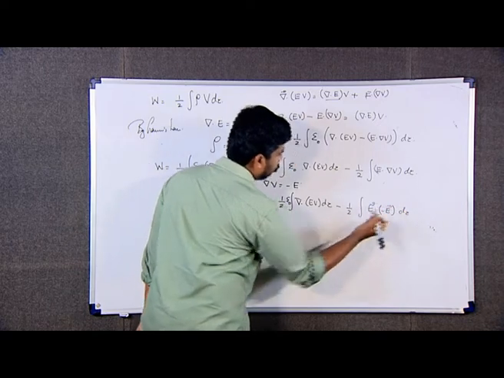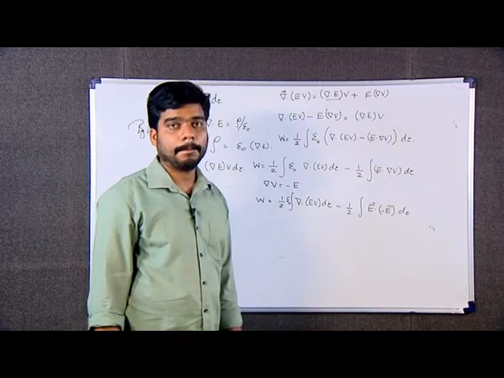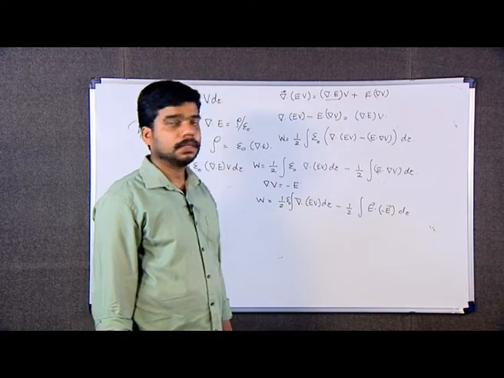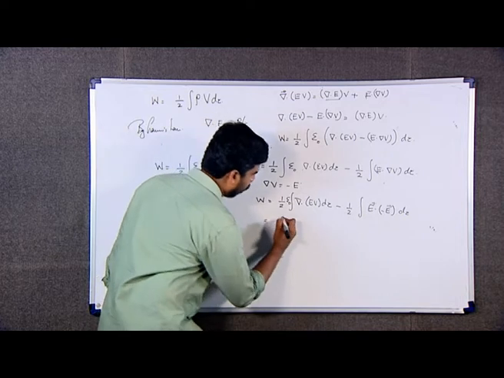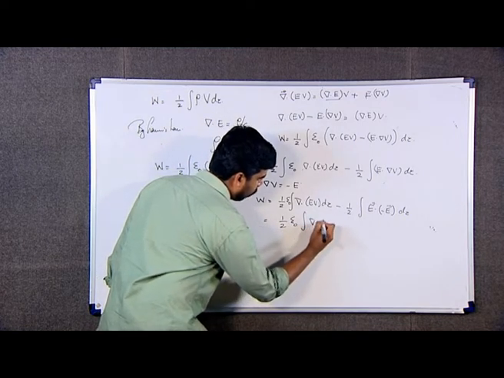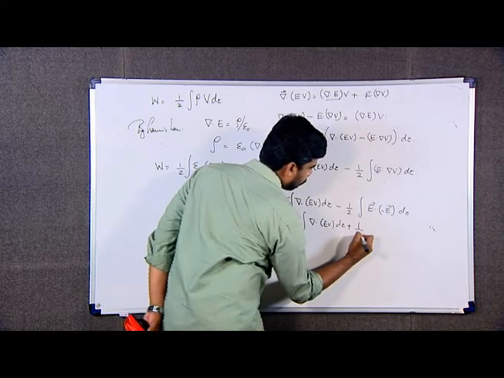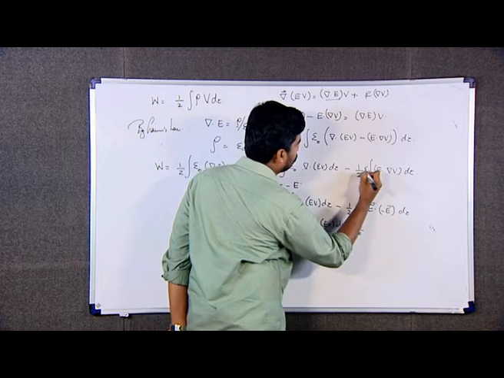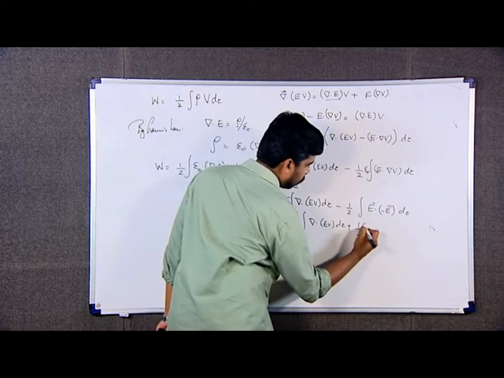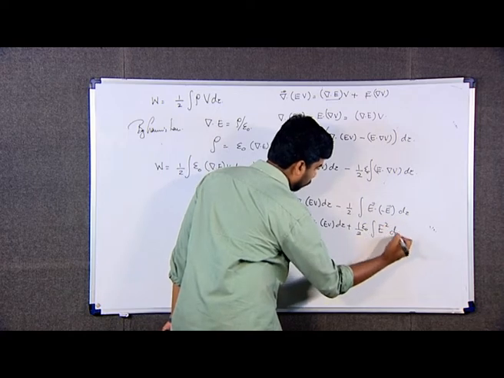Both are vectors, so this minus and this minus will become plus. So, W is equal to half epsilon 0 into integral del dot (E V) d tau plus half epsilon 0, I forgot the epsilon 0 here, into integral E square d tau.